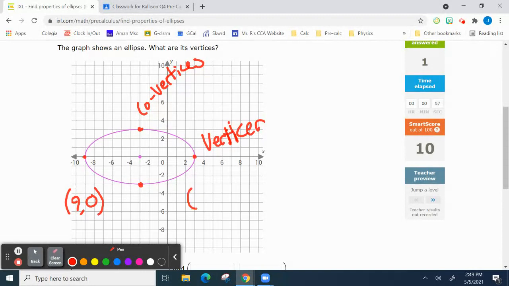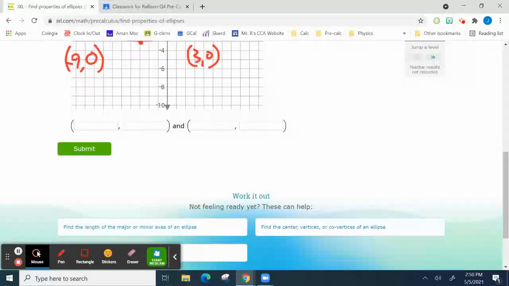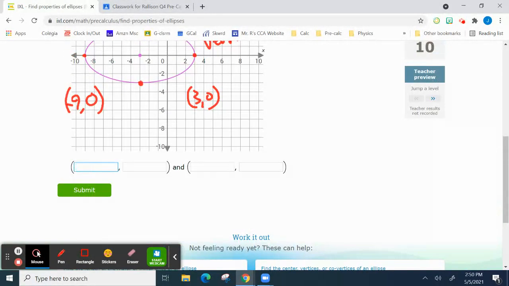And this is negative 9, 0. And this is 3, 0. So that's going to be the answer for that one: 9, 0, negative 9, 0, and 3, 0. So there we go.